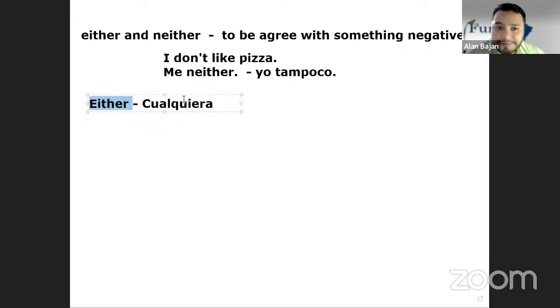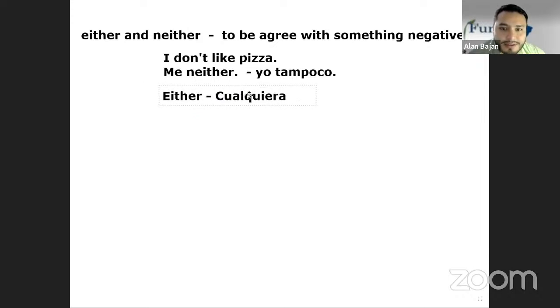So either has another meaning too. And sometimes we can use either with a negative agreement, but most of the time people use neither. Either and neither. So we will start learning the differences.